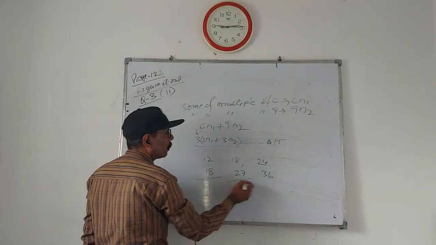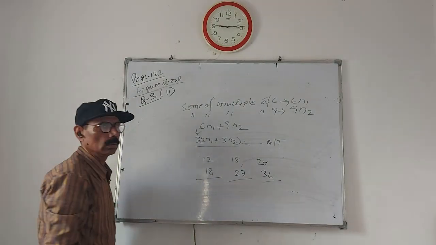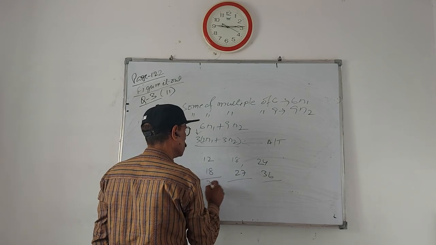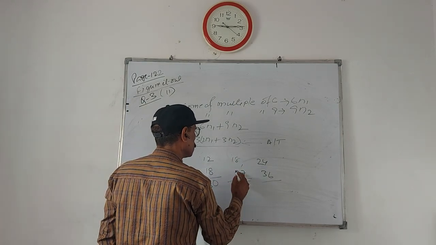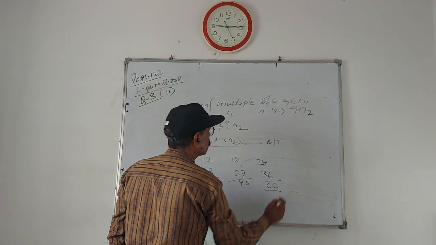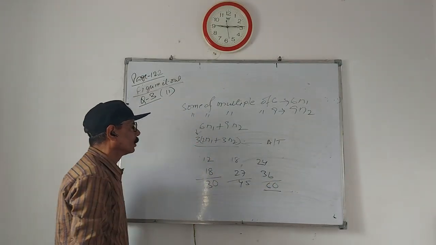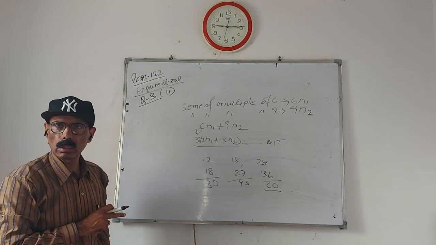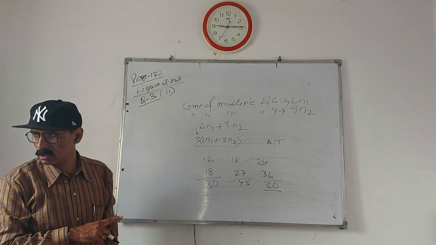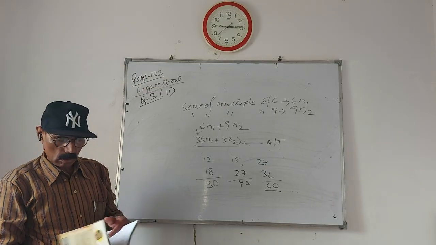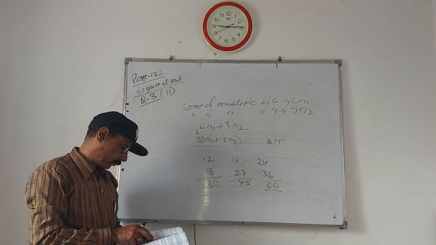Take any sum of these, for example 30, 60. Understood? All these numbers can be divided by 3. This example is also understood. So therefore this statement is always true.